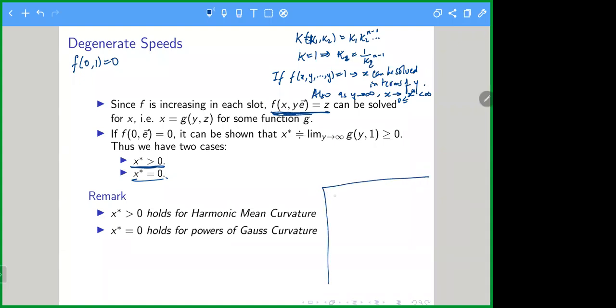So the harmonic mean curvature, if I have the constraint equation, then I can just explicitly solve for my kappa 1 in terms of kappa 2, like that.